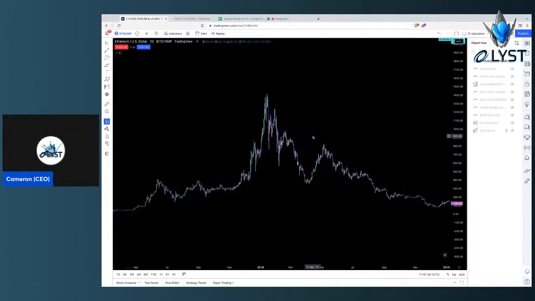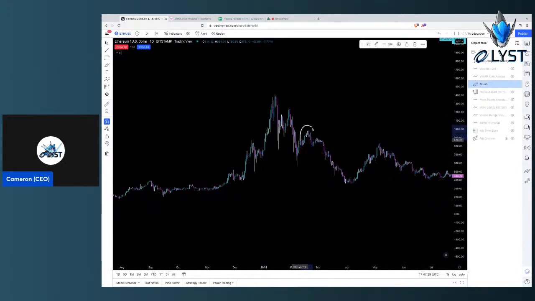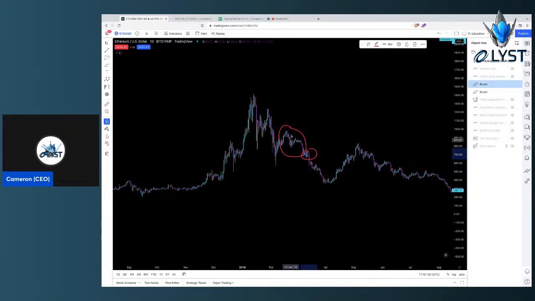So maybe we're here, relative to this other stuff. Maybe we're here, or maybe actually we're here. But there are good opportunities for shorts still to come, obviously, because we're identifying the downtrend.